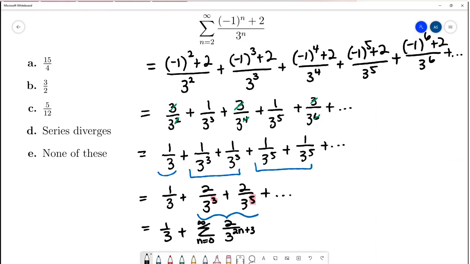What I want to do now is a little bit of simplification so that I can write this in the format to use the geometric sum formula. So I want to get it in this format here. The sum from n equals 0 to infinity of the first term times r to the n is the first term, a, over 1 minus r.